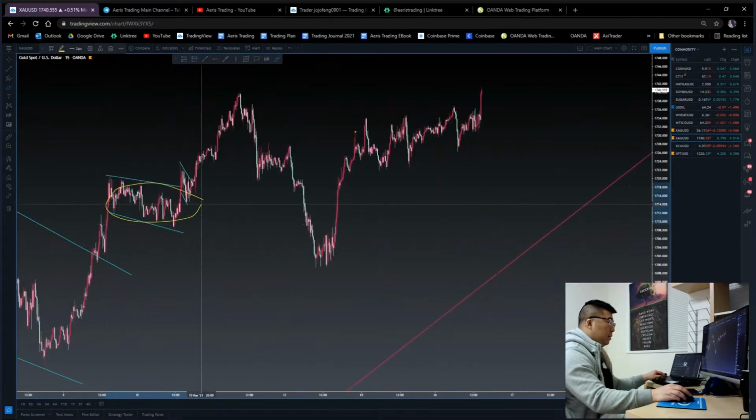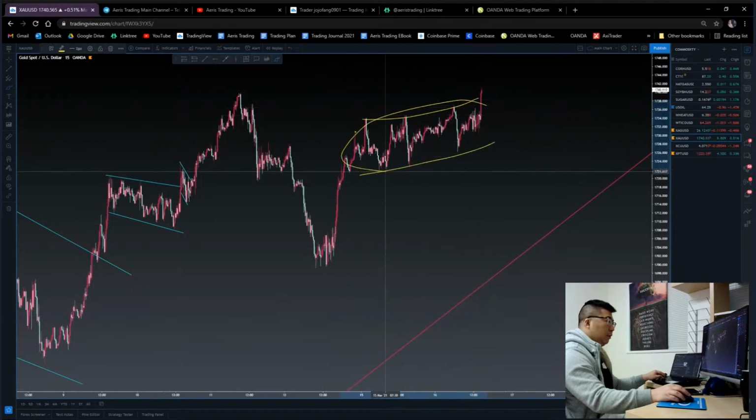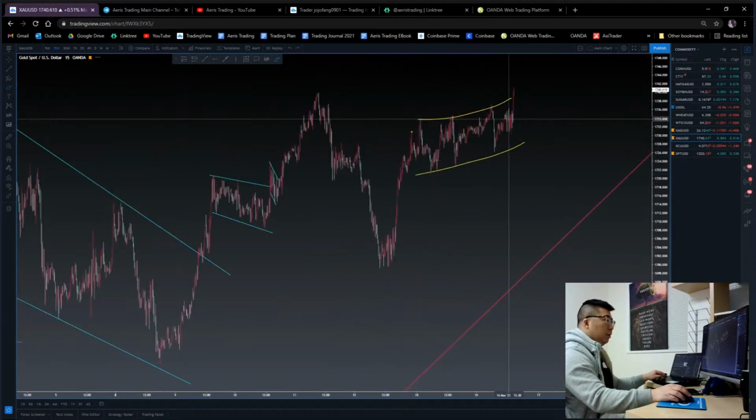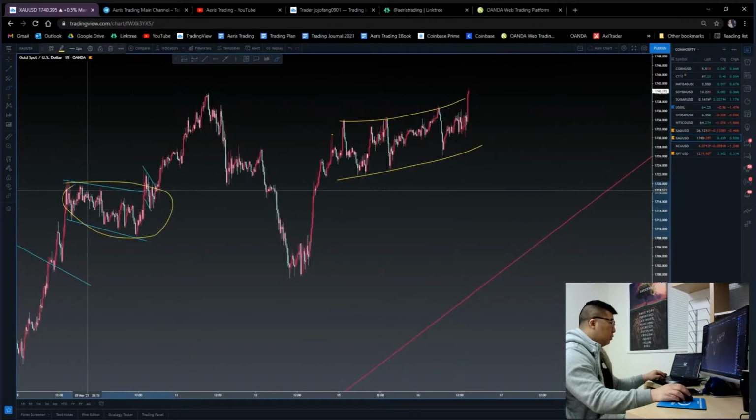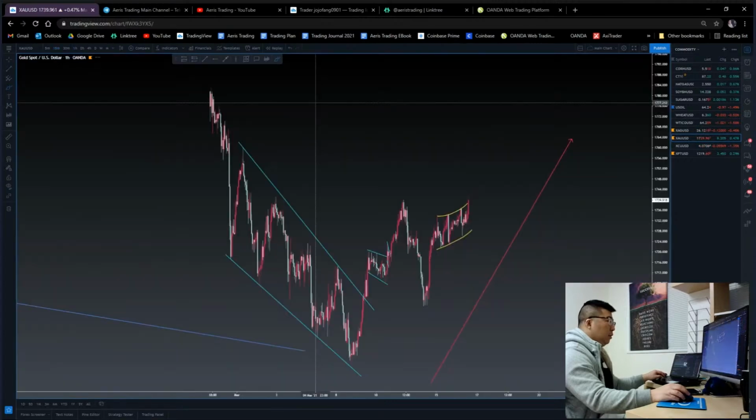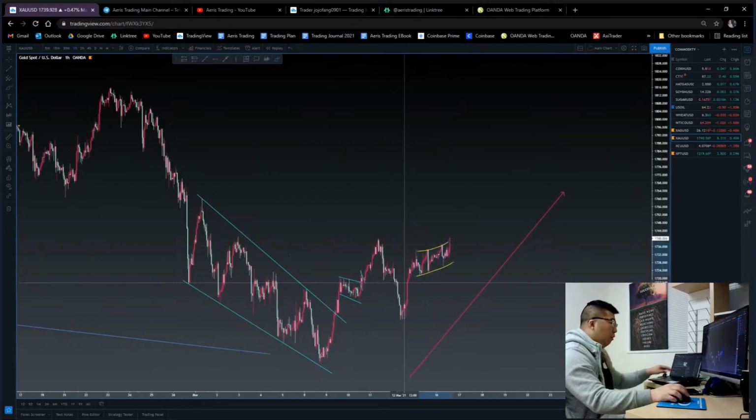This was my buy position, and then price just ended up taking me off at break even. But you can see that we're forming something here, and it's more ascending in nature. This is not the usual bullish correction that we usually see. This looks to me like it can reverse, okay? So be careful here.